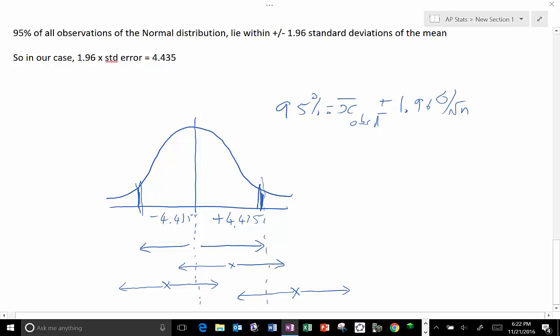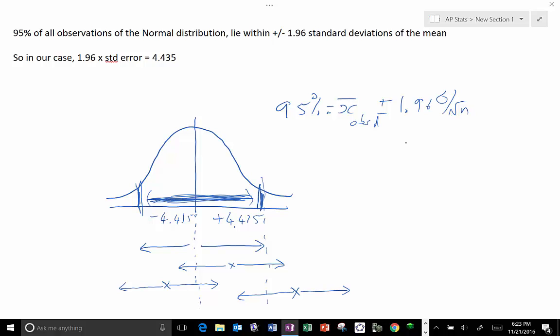And what this does is say this interval should capture the true mean based on the fact that 95% of the observed sample means will be in this nice area. So assuming that we have a 95% chance of getting our observed mean in this nice area, then this interval will capture the true mean. We are 95% confident that an interval constructed in this manner contains the true population mean.